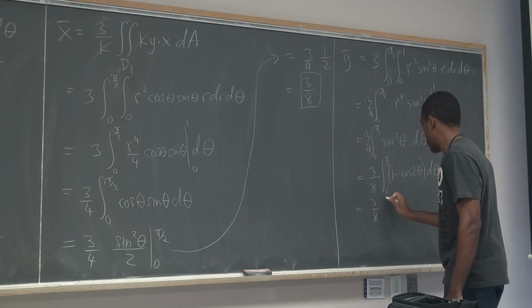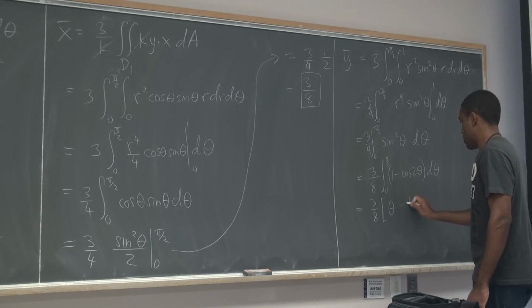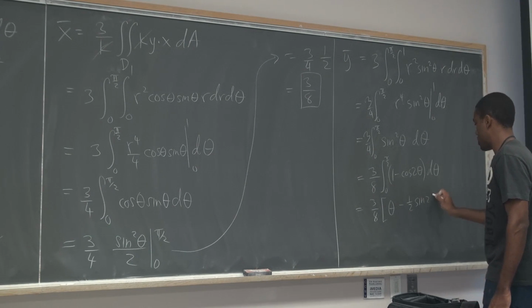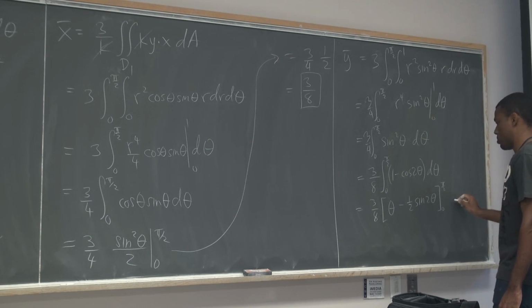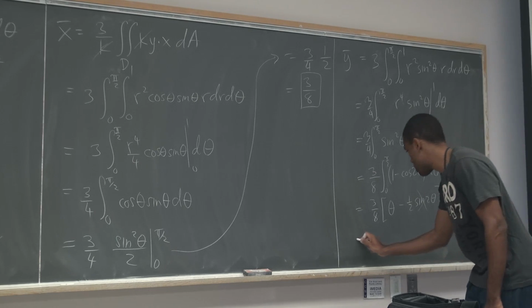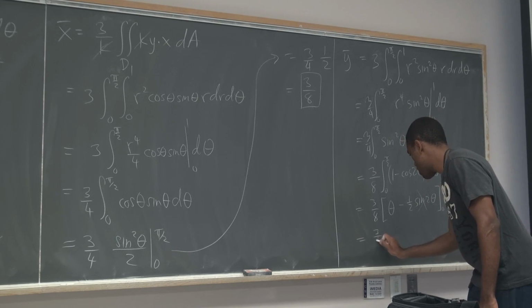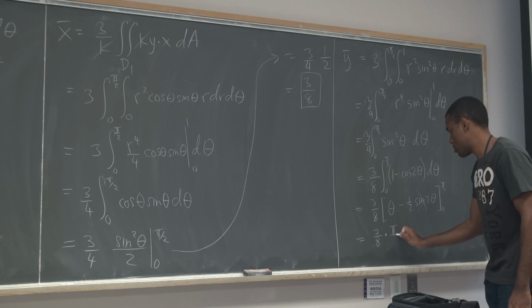This is 3 over 8 times theta minus 1/2 sine 2 theta between 0 and pi over 2. This is going to give us 0 in either case, so then this just becomes 3 over 8 times pi over 2.